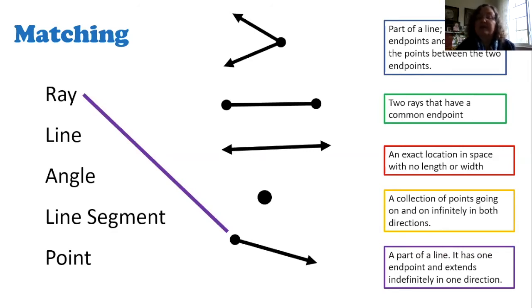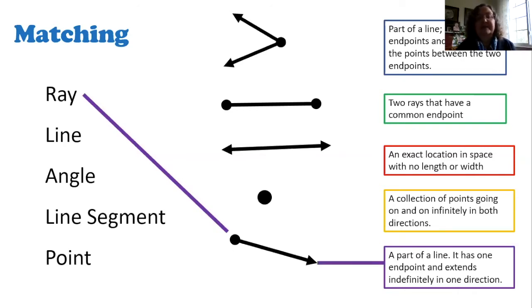The red box says an exact location in space with no length or width. The yellow box says a collection of points going on and on infinitely in both directions. And the purple box says a part of a line, it has 1 endpoint and extends indefinitely in one direction. That sounds like a ray.